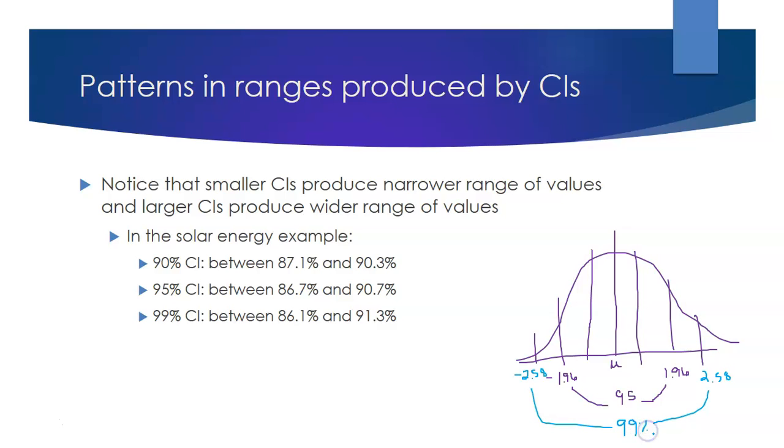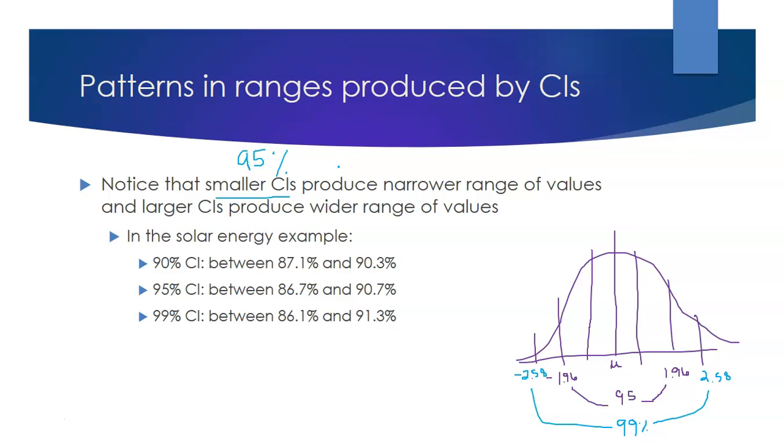Okay, so keeping all of that in mind, when we solve the confidence interval equation for our 95% confidence interval and our 99% confidence interval, the smaller confidence intervals, so for example, a 95% confidence interval is smaller than a 99% confidence interval, right?